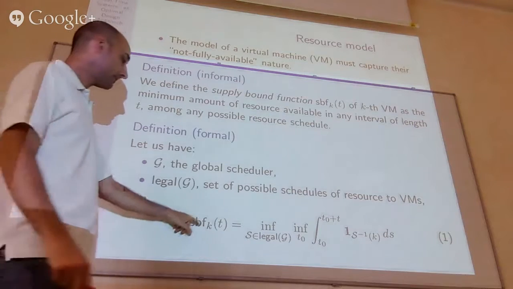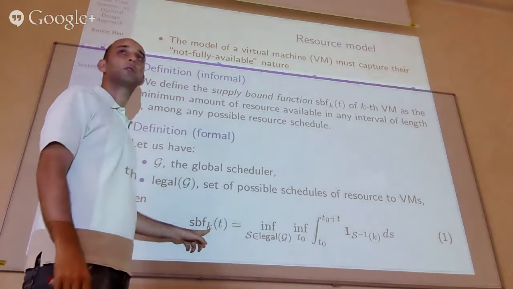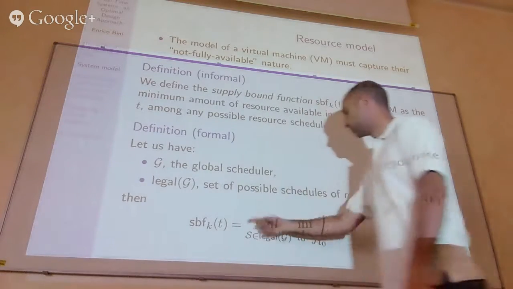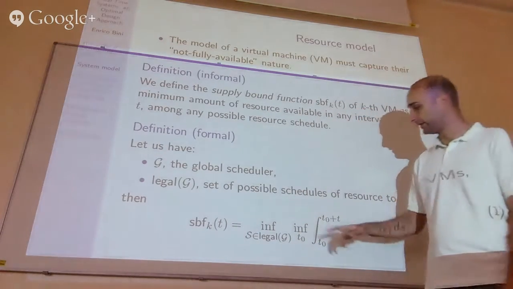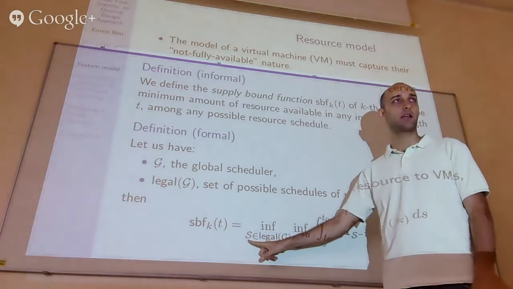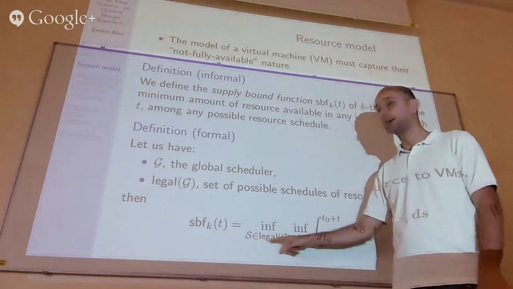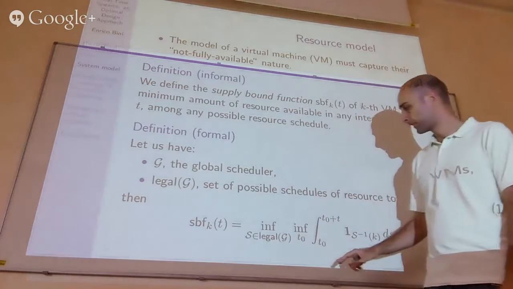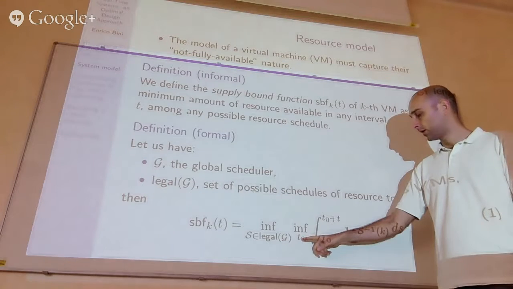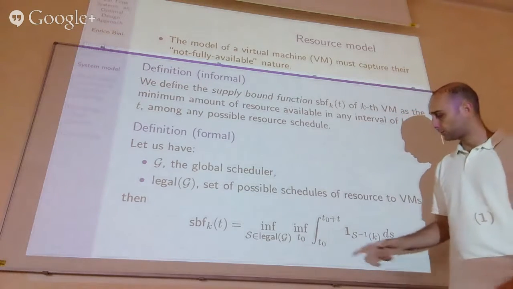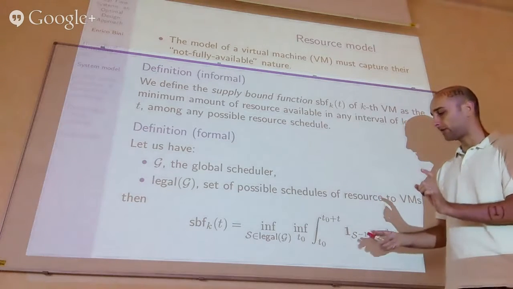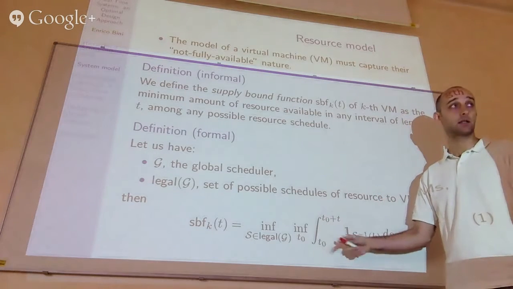Then the supply-bound function of the virtual machine k, SBF_k(t), is defined as these two infimum, one after the other. Infimum over what? Over all possible schedules S within the legal ones. Then, once we have this schedule S, we do the infimum on t0, and t0 is the left boundary of the interval of integration.